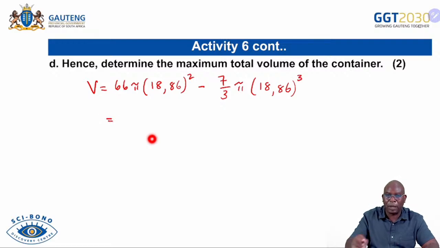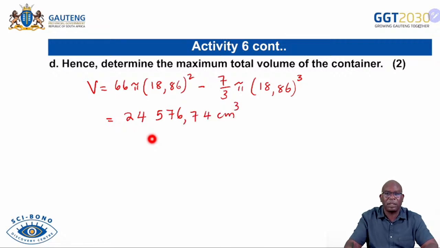If I use my calculator, remember we're not differentiating here, we're just getting the answer to this, I get 24,576.74 cubic centimeters. Remember to put your units.